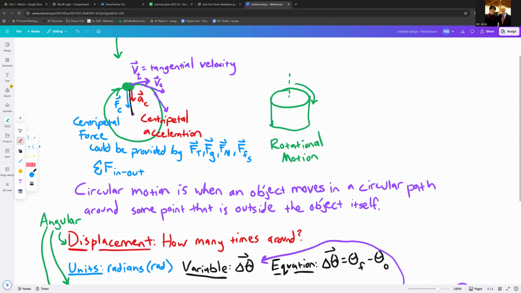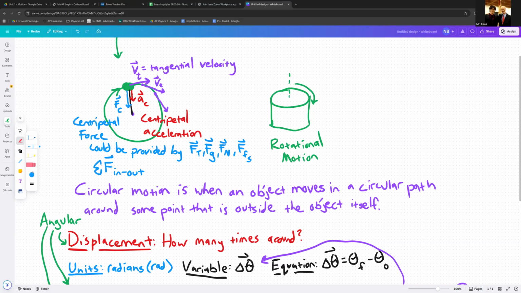At the point we've drawn here at the top of the circle, not only would tension be pulling inwards, but gravity is also acting on the object straight downwards, which would be inwards at this point. So we'd have to figure out how much tension is pulling inwards, and also how much gravity is acting with a force inwards.